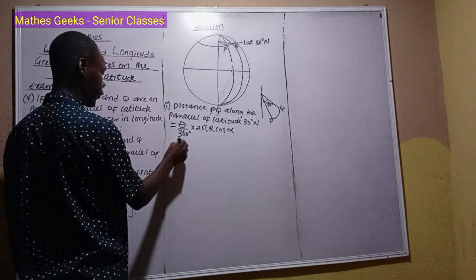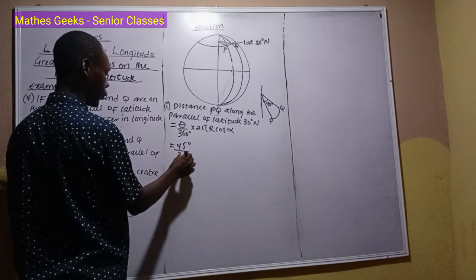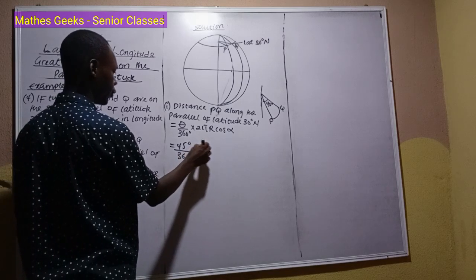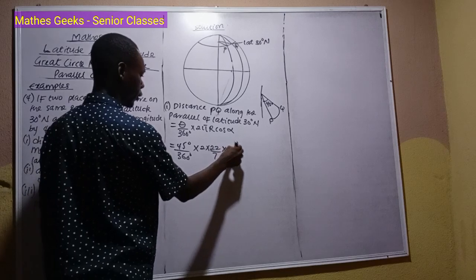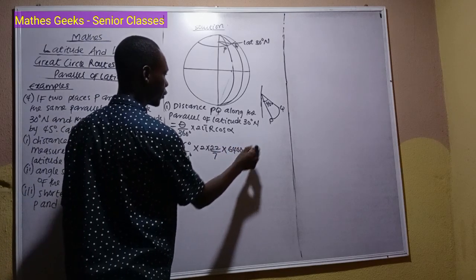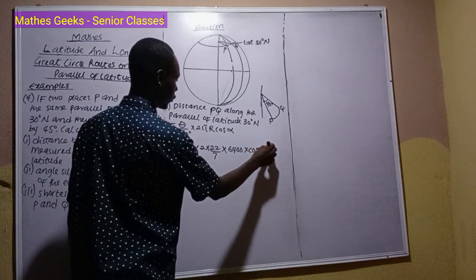The angular difference is 45 degrees. So 45 over 360 degrees times 2 times 22 over 7 times 6,400 times cos 30 degrees.